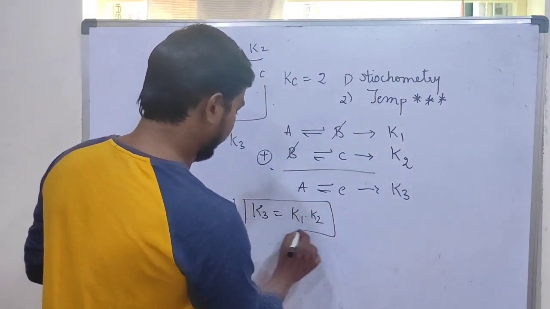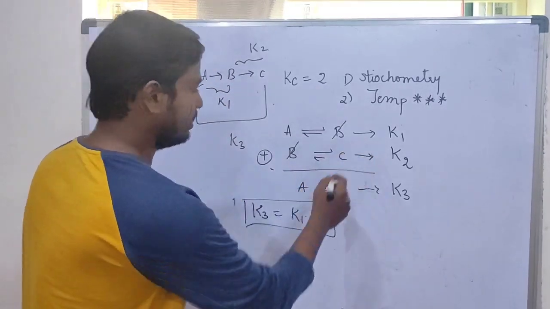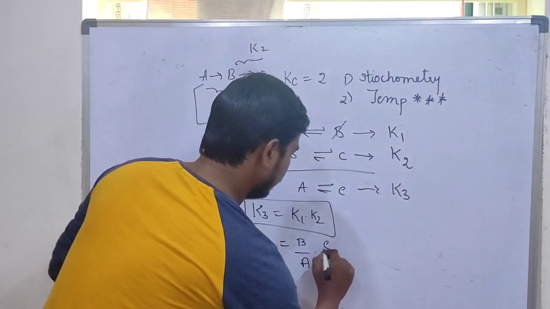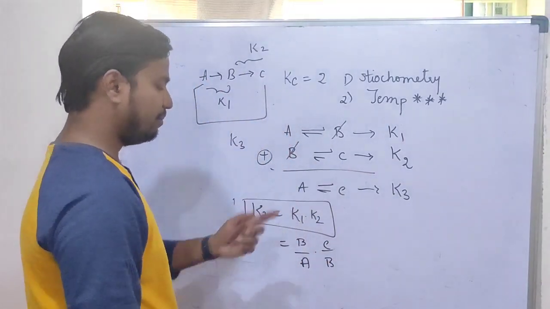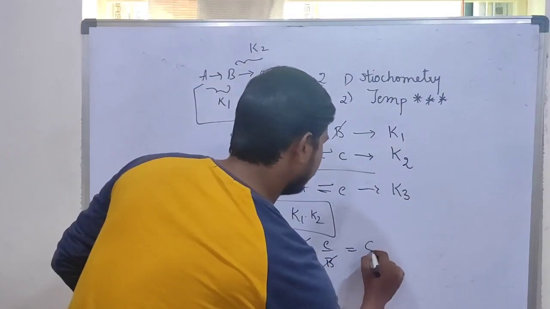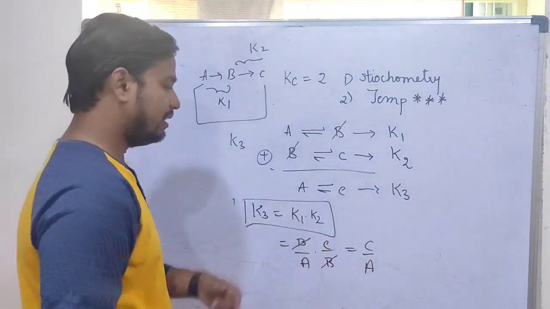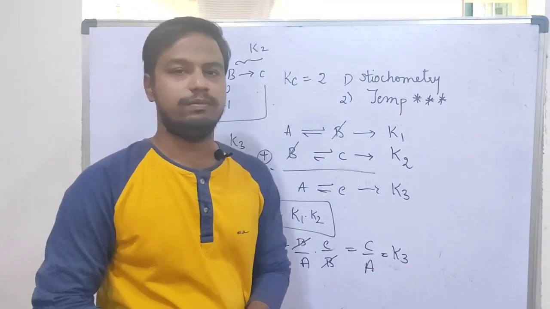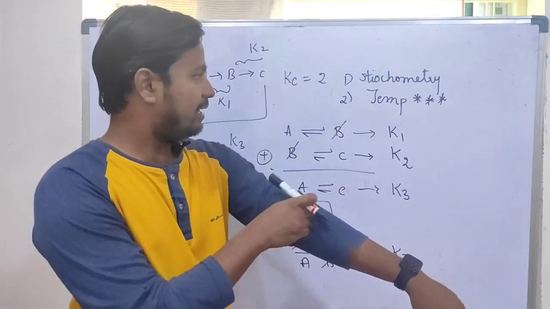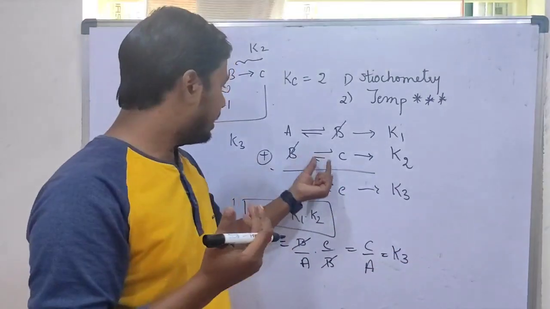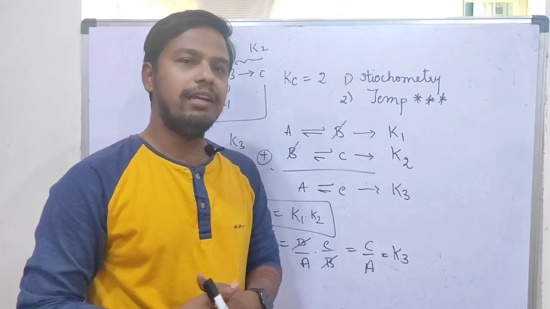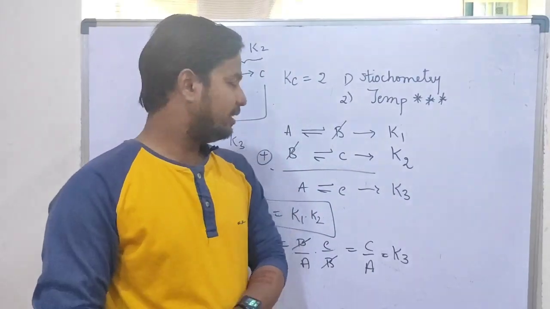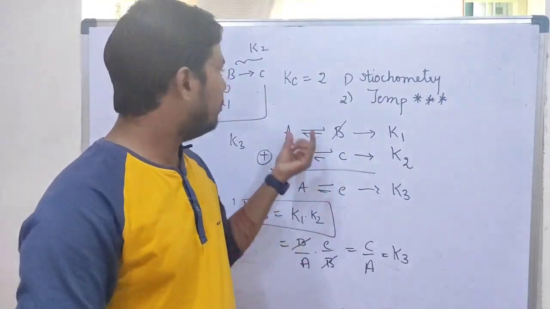K1 is B by A, into K2, which is C by B. Here B cancels, and we get C by A, which is nothing but K3. So K3 is equal to K1 into K2. When two reactions are added, you multiply the constants; when they are subtracted, you divide the constants. This is the point you should remember.